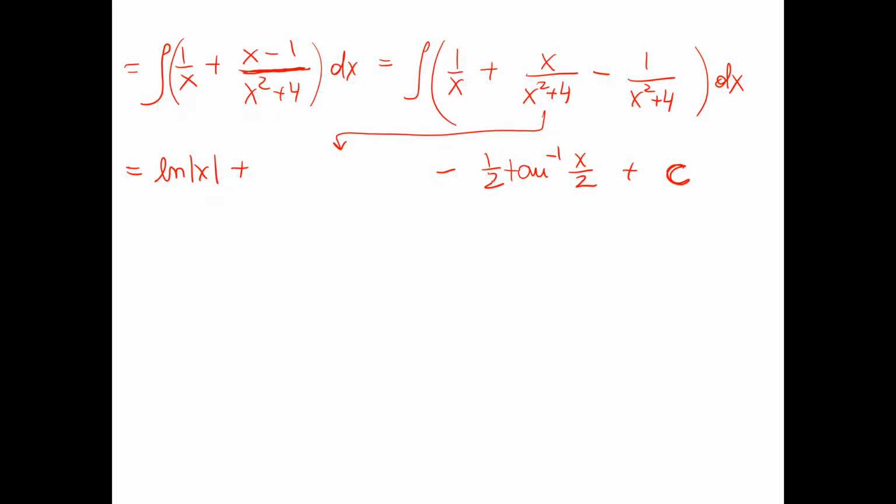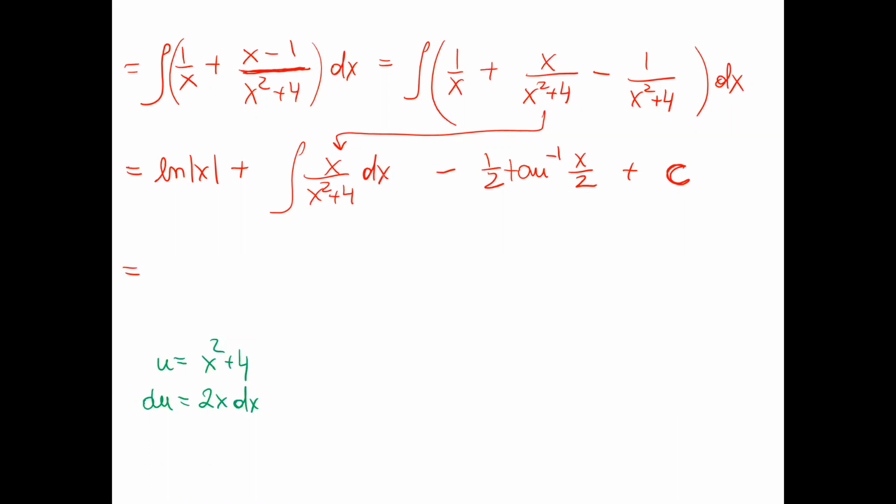Okay, but the middle part, I will let u be x squared plus 4, because we can see the inverse tangent will not be involved because of the extra function on the top. du is 2x dx, and I have x dx. Let me actually write this integral: x over x squared plus 4 dx.